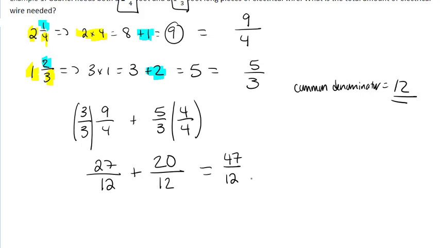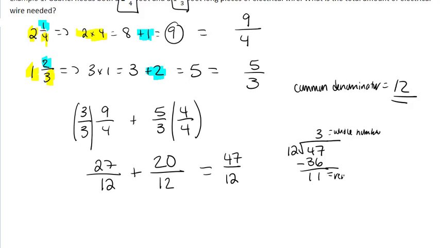And then the next step will be to convert it back to a mixed fraction. So 12 goes into 47. 12 can go into 47 3 times, so we get 36. And we subtract. 47 minus 36 is 11. And so we get our whole number.